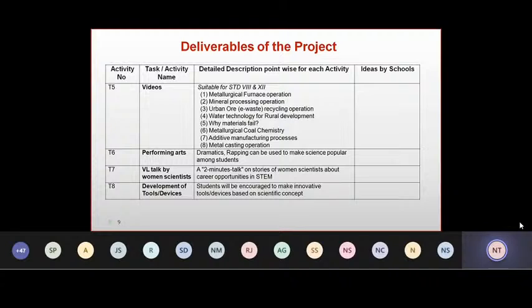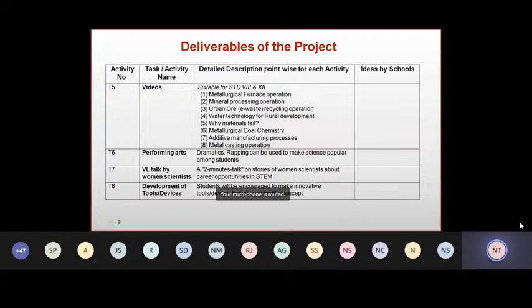Another important aspect is the virtual laboratory talk by women scientists. This is a 2-minute talk on stories of women scientists about career opportunities in STEM. STEM means science, technology, engineering, and mathematics. What is happening is that girls do not take up science; they leave science and go to other branches, and it is very important for women to join the brigade of science.